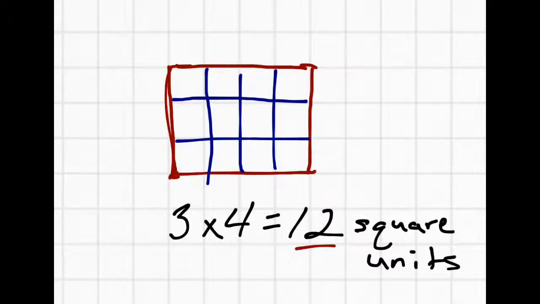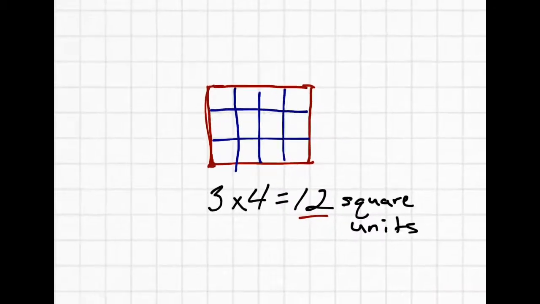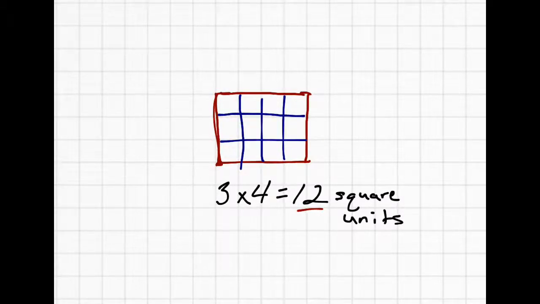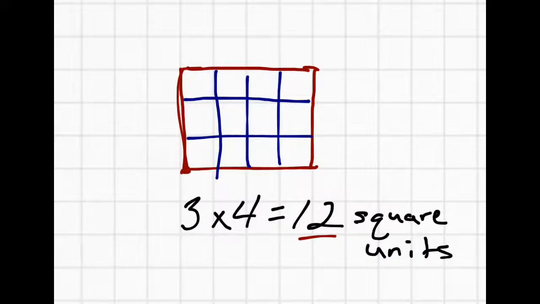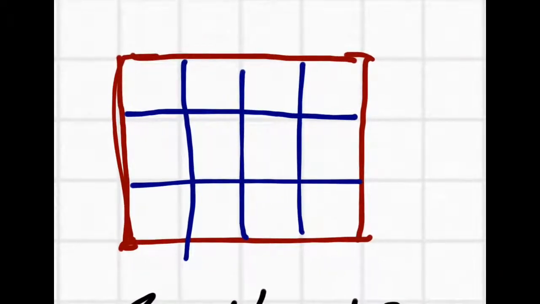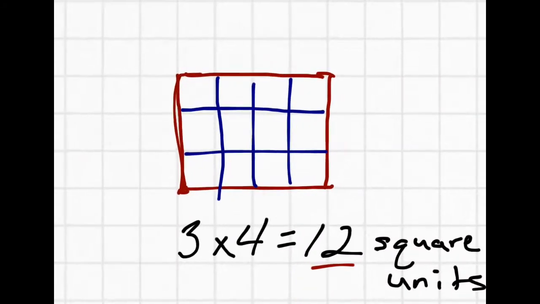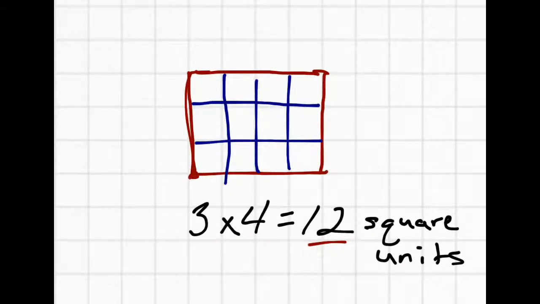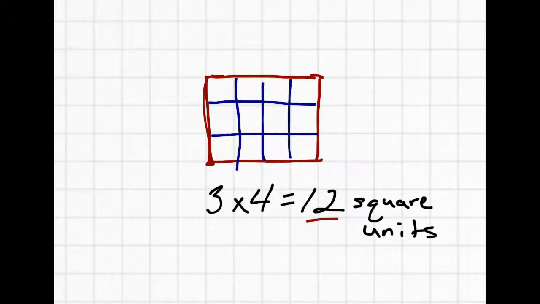So if these were centimeter squares, it'd be 12 square centimeters. And if it was inch squares, it'd be 12 square inches. Because centimeters are smaller, 12 square centimeters is a much smaller area than 12 square inches. The bigger the measurement, the bigger the area.